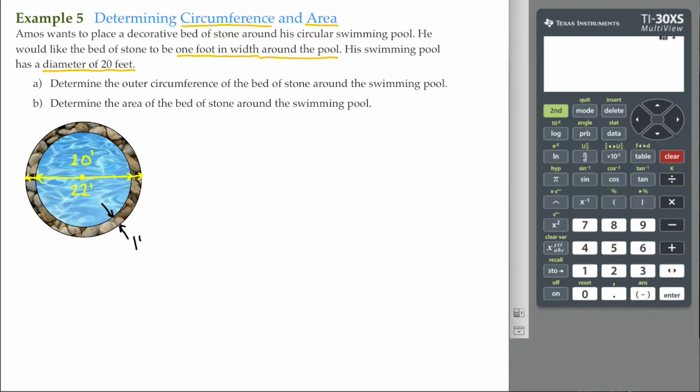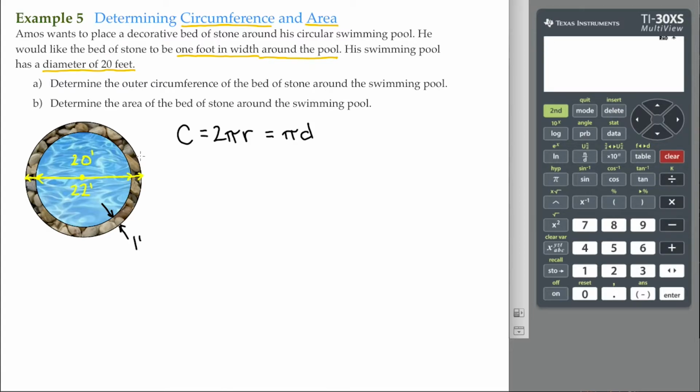So for A, it says determine the outer circumference of the bed of stone around the swimming pool. So a circumference, C, is equal to 2 times pi times r. Now, since the radius is half the diameter, or the diameter is twice the radius, then 2 times r is equal to d. So this can also be written as pi times d.